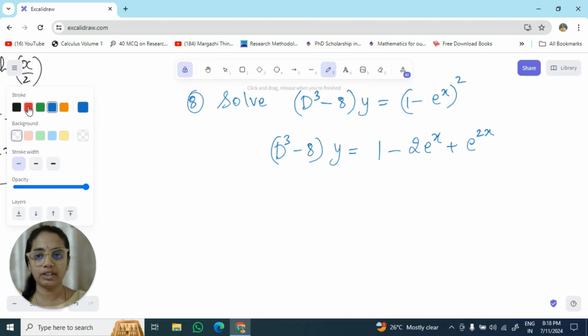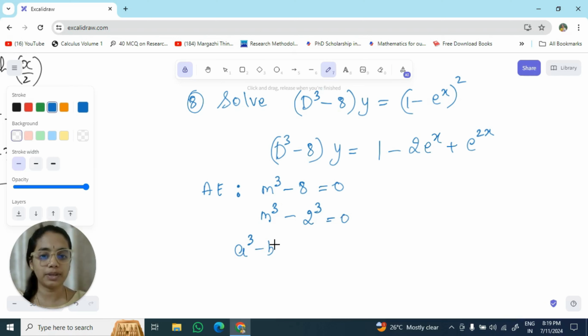Agree. Now let us write the auxiliary equation as usual. The auxiliary equation over here would be m cube minus 8 is equal to 0. Agree. Now we can't send minus 8 to the other side and put the cube root, right? Let us use the formula a cube minus b cube, where 8 is 2 cube. What is a cube minus b cube?